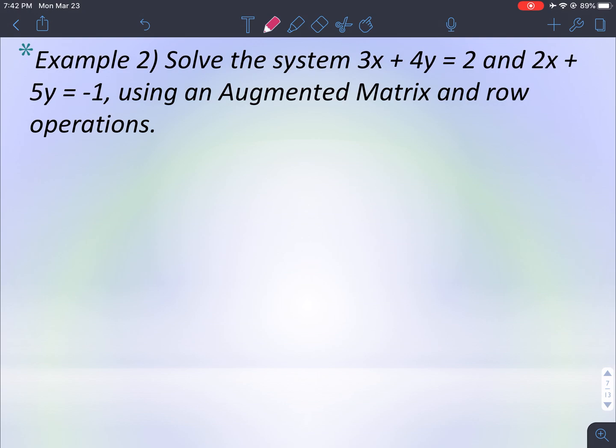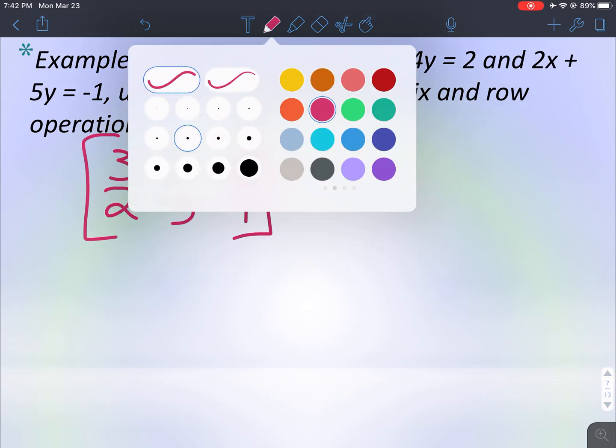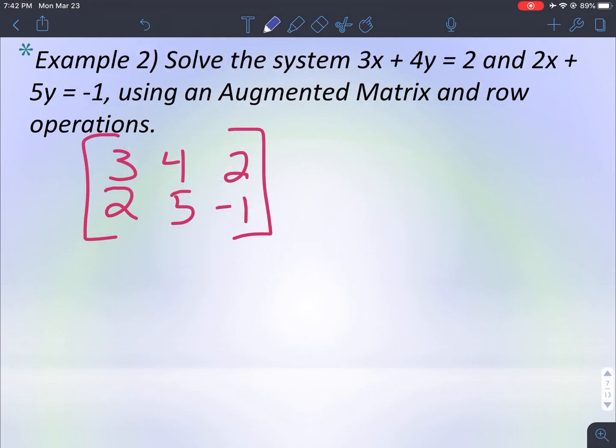Solve the system. 3x plus 4y equals 2, and 2x plus 5y equals negative 1. How can we use row operations to make this simpler? Well, what if I multiplied the first row by 2, and I multiplied the second row by negative 3?